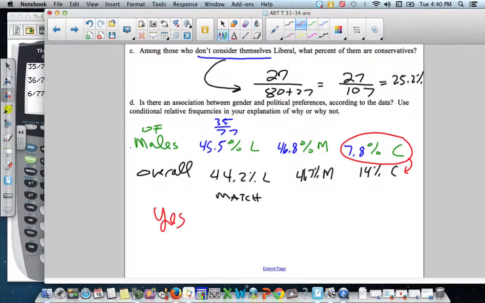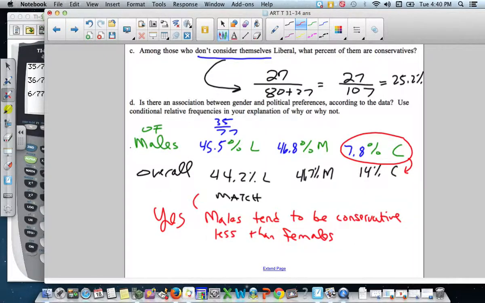I have shown some reasons why, and the association is that males tend to be conservative less often than females. And I could give the percents there at 7.8% conservative for males.